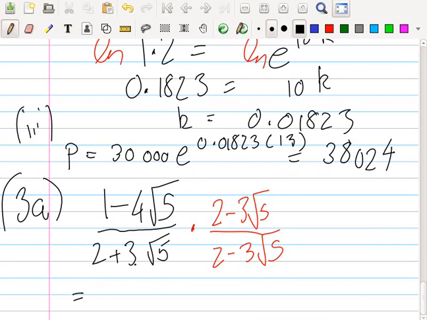So on the top I'll get multiplying by 1 and then multiplying by 4 root 5. Now 4 root 5 times 3 root 5 is 60. And then when I multiply out the bottom, the middle term should cancel. That's the whole point of the conjugate. So you're just left with 2 times 2 is 4, and then minus 45.